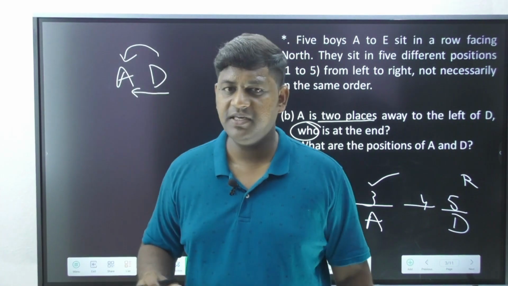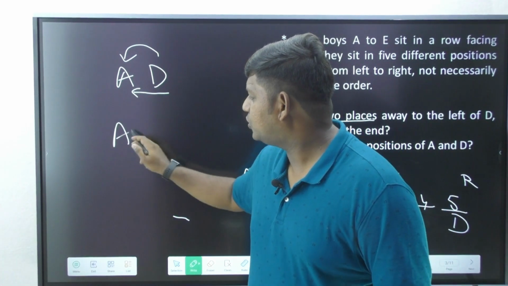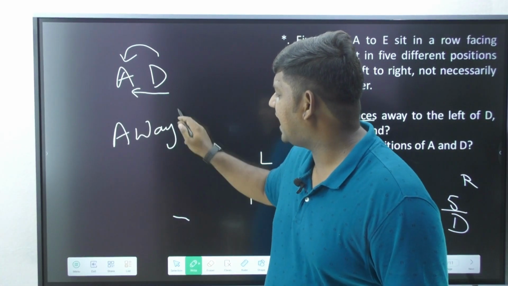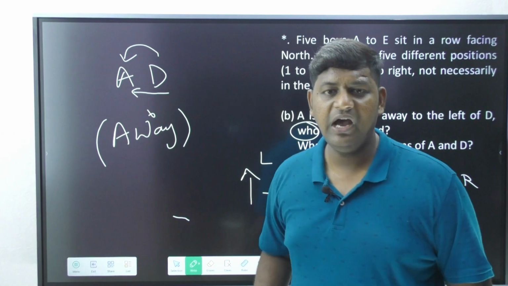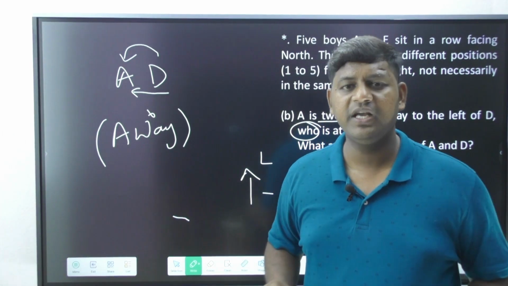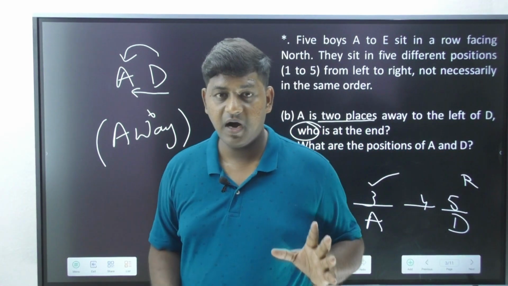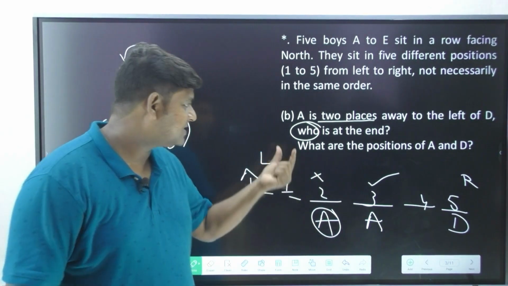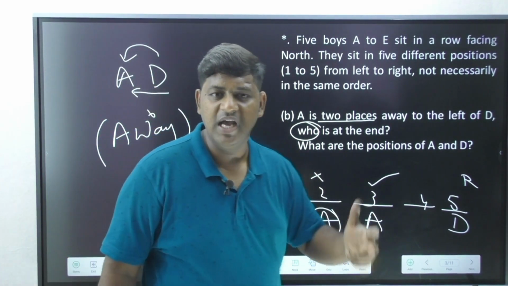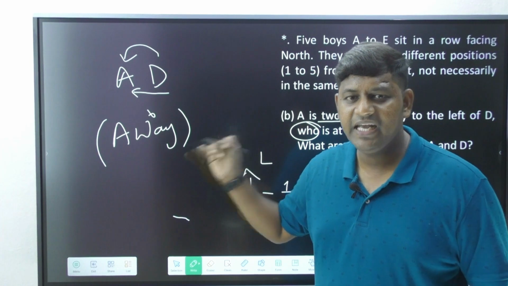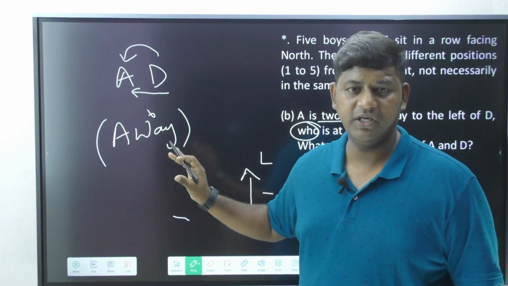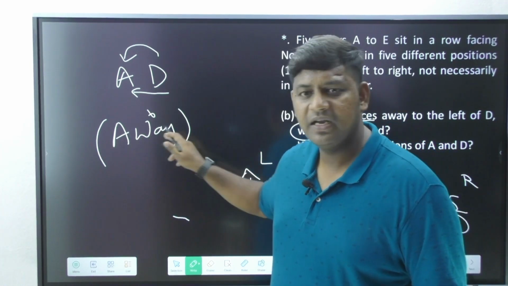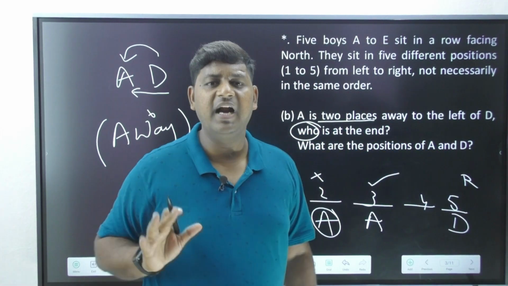So my dear friends, the keyword which you are supposed to ignore here is away. It is a very least important keyword, but it gives you a very hard time in your examination. Just like who, which and whose, away does not have any importance in your question. So whenever you see this particular keyword, try to ignore it.